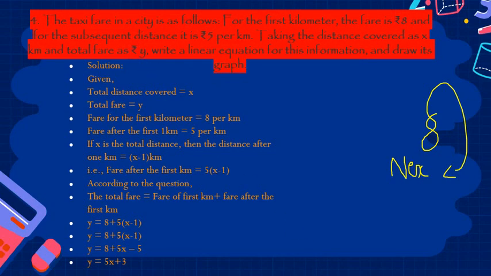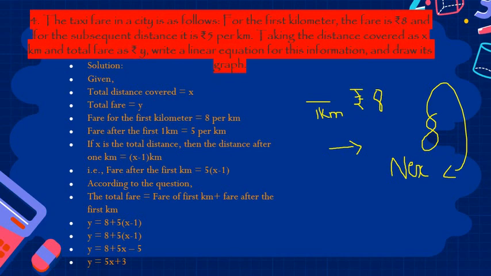We can say the taxi fare for the first kilometer, when it travels 1 kilometer, the cost is rupees 8, and after 1 kilometer the cost per kilometer is rupees 5.